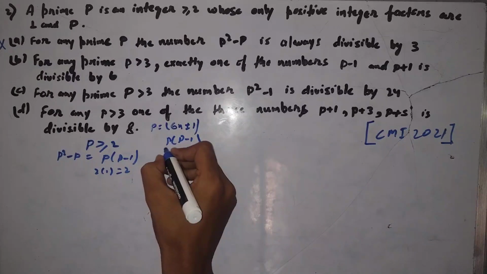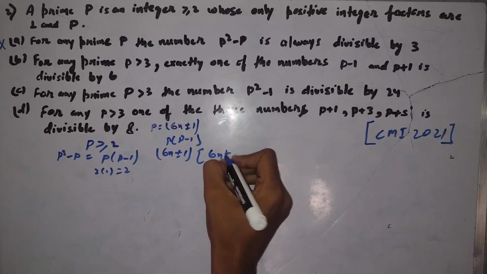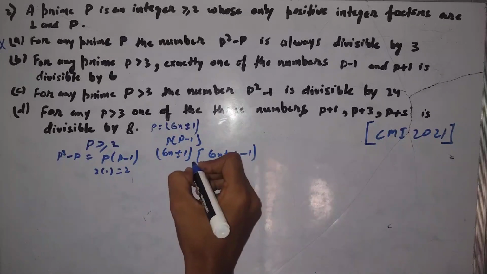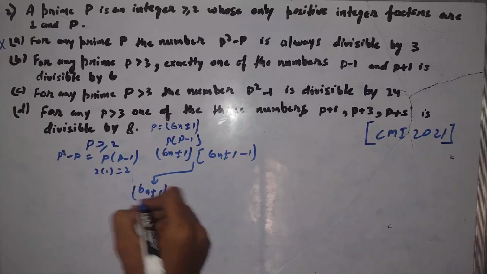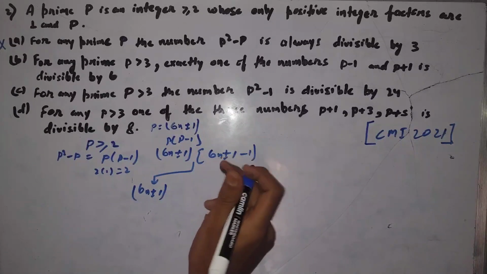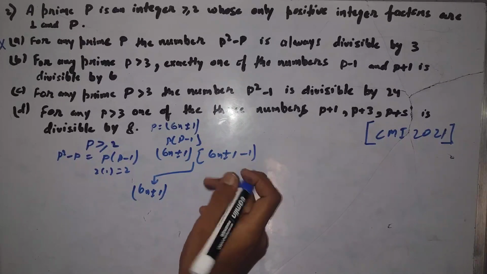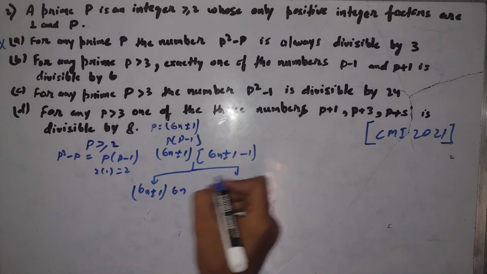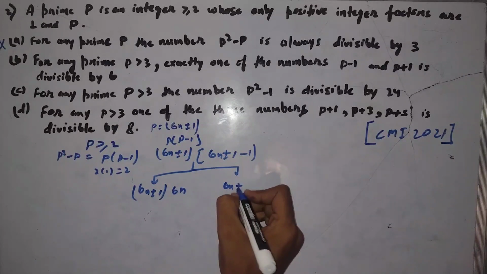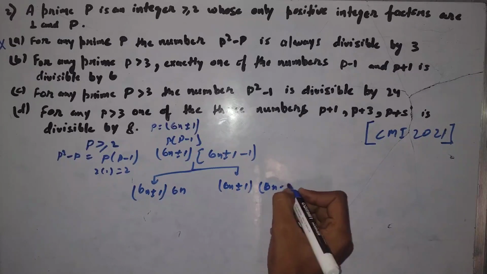So this is 6n plus or minus 1 into 6n plus or minus 1 minus 1. Now we have two cases here. We open it once with plus and the second time with minus. This will give us 6n plus 1 minus 1, that is 6n, and the second case would be 6n minus 1 into 6n minus 2.